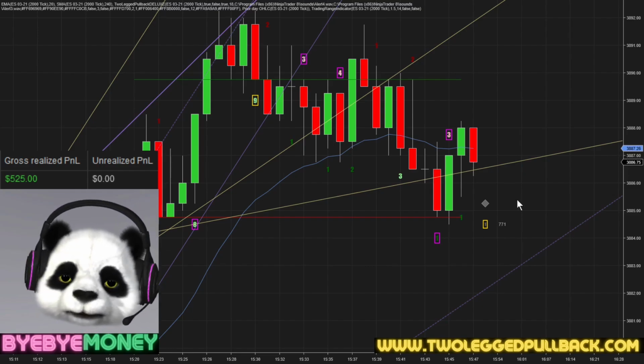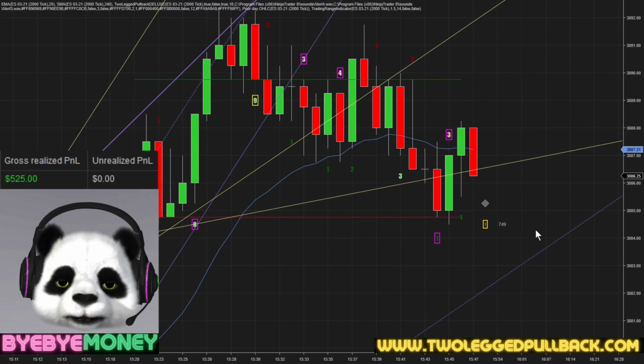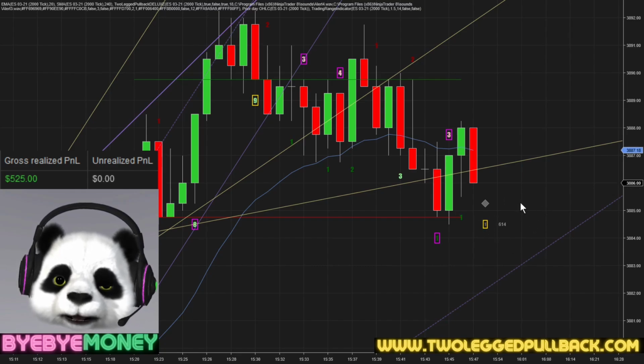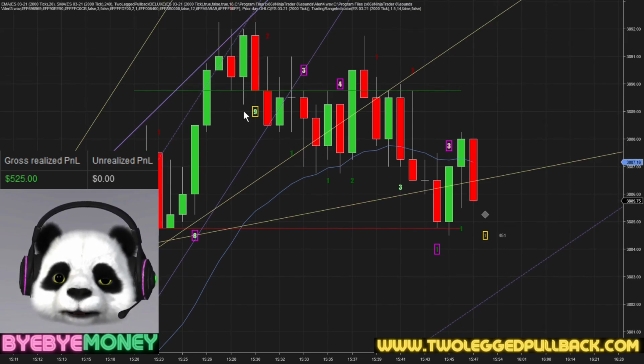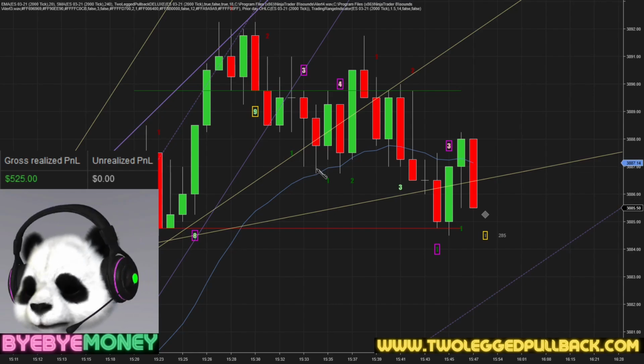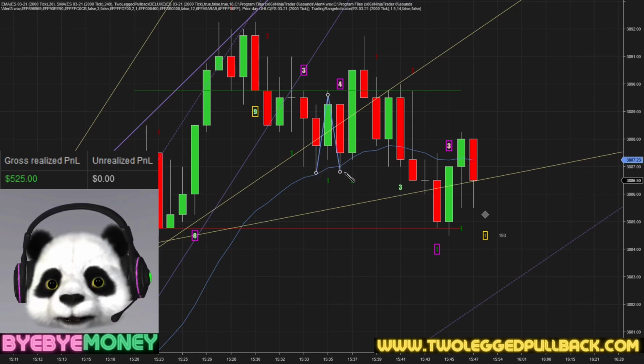I'm interested when the diamond is dark red or dark green, and also if there's a magenta box around the number here. The super signal tells us the next information for the next leg, and that's why it's nice. You know how hard this two-legged pullback is to find. People say, oh, you're just counting legs, it's so easy, you don't need an indicator for this.